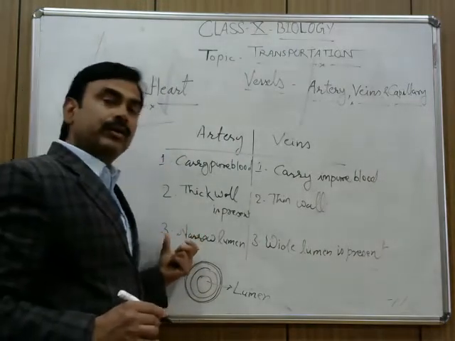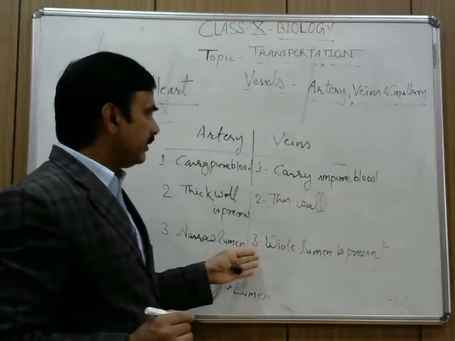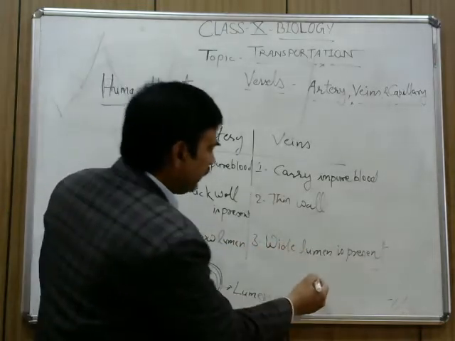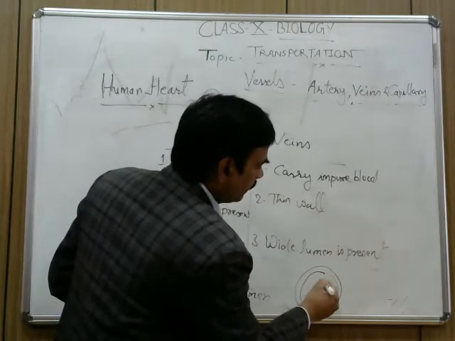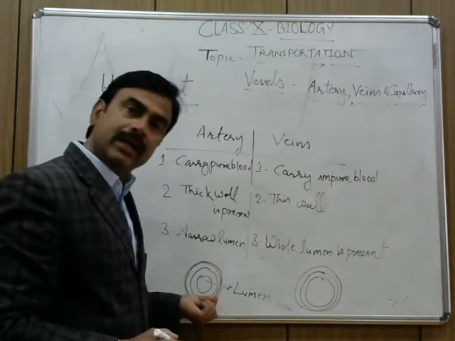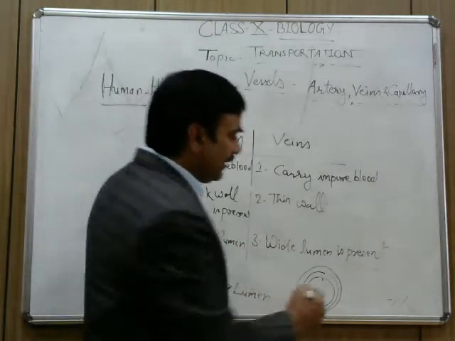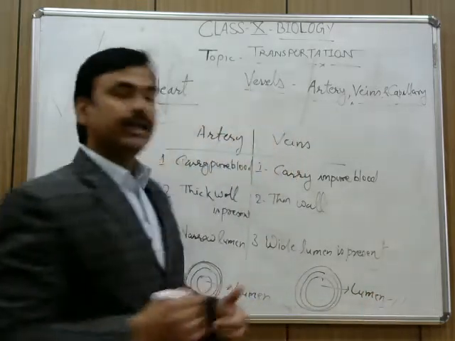They have narrow lumen when I am talking about artery, and veins have wide lumen. So the lumen is narrow in the artery and wide in the veins.